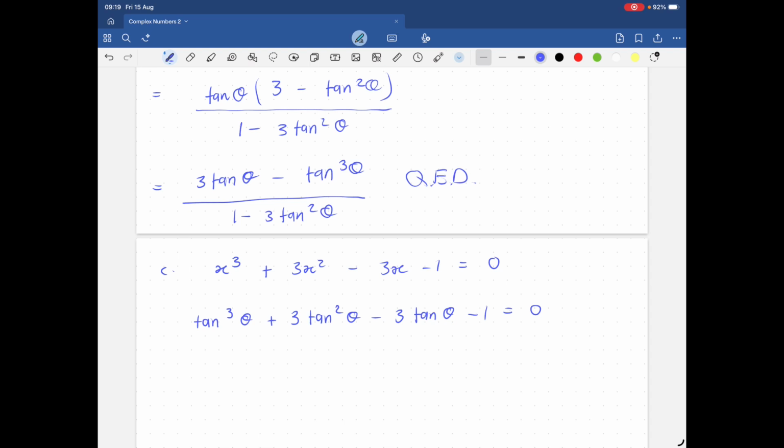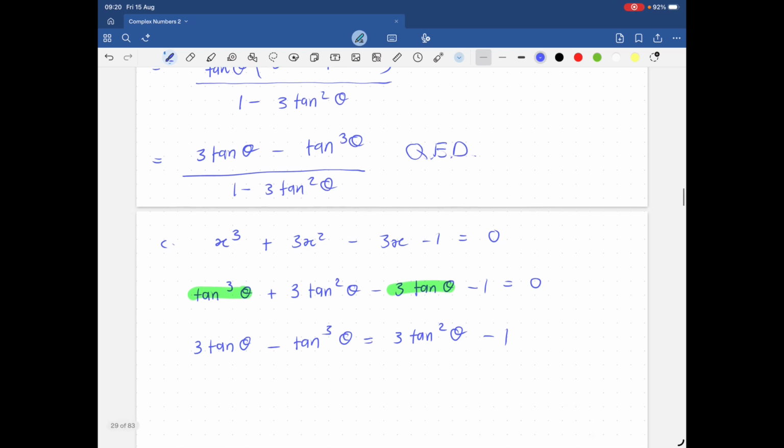So we can say this is 3 tan theta minus tan cubed theta by plussing this and this to the other side. And that's going to leave us with 3 tan squared theta minus 1, right? We've got 3 tan theta minus tan cubed theta, which is equal to 3 tan squared theta minus 1.